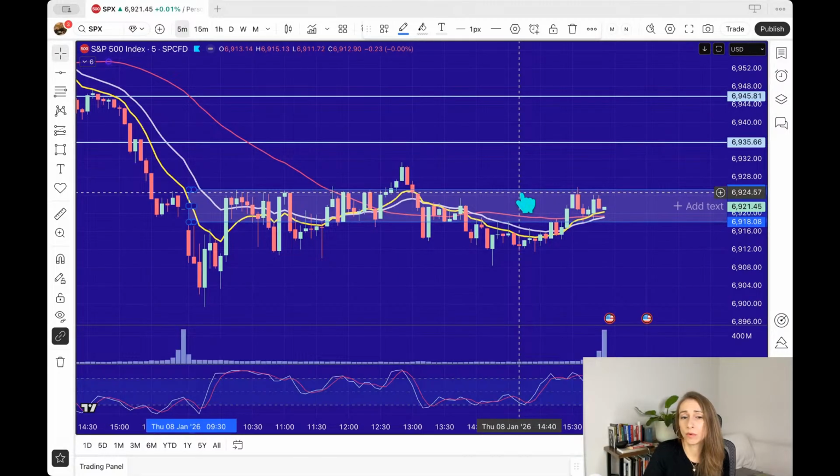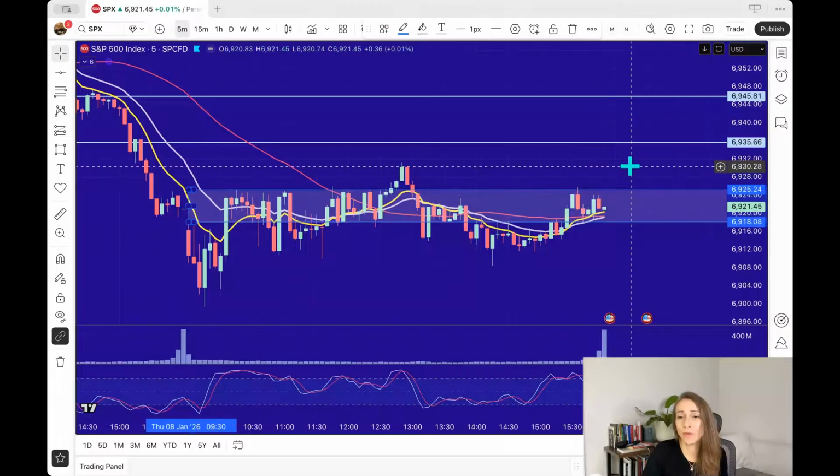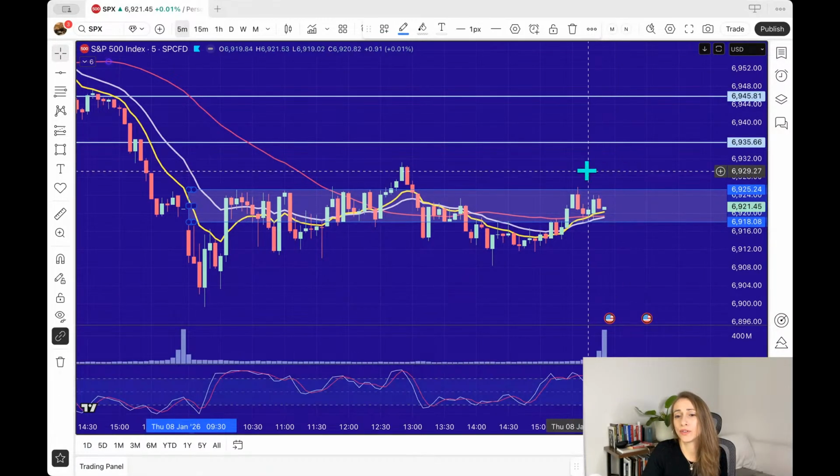So it's whether you use boxes or levels. This is 69.24, so somewhere around here I'm looking. It just depends on how much we gap up at the open, if we do. So around here, if we start to press above and hold, then there may be some entries to the upside.